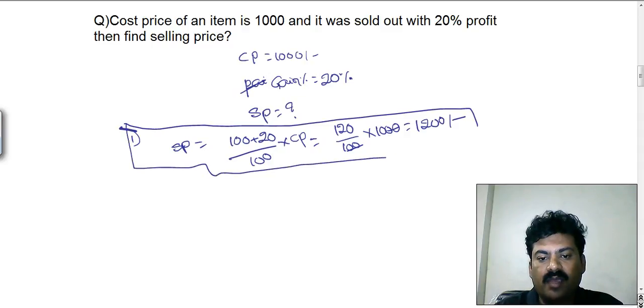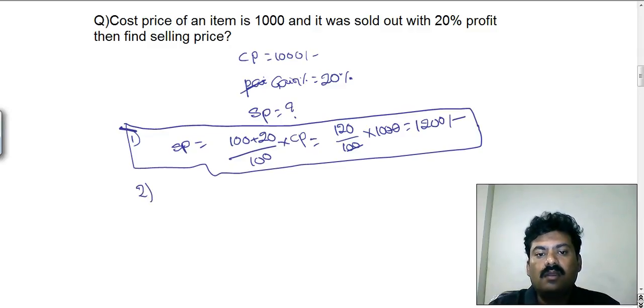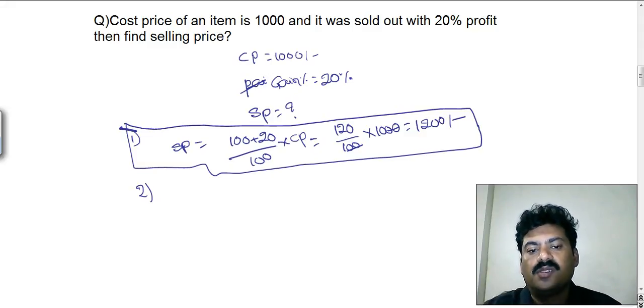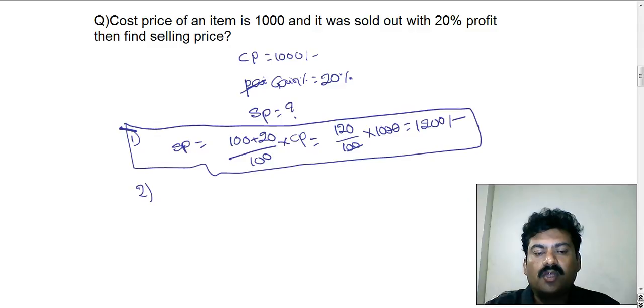At the same time we can go for another mechanism, the second technique. Here we are getting 20% profit. Initially we have invested 100%, that is equivalent to 1000, and on that 100% we got a gain of 20%. That means 100 plus 20, 120. Now the selling price is equivalent to 120% of the cost price.